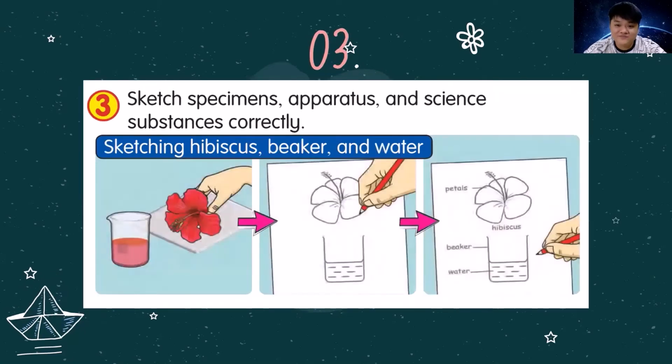Number 3, we can also sketch specimens, apparatus, and science substances correctly. Sketch di sini bermaksud melukis ataupun melakar apa-apa terutamanya spesimen, peralatan sains dan juga bahan-bahan untuk eksperimen kita dengan betul.